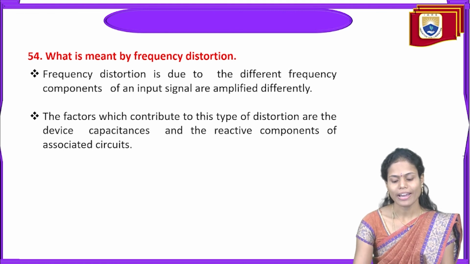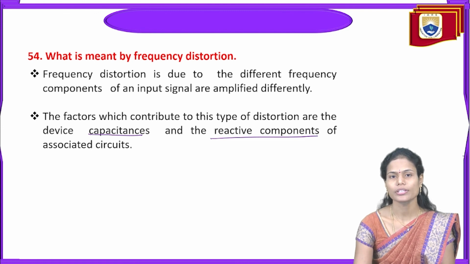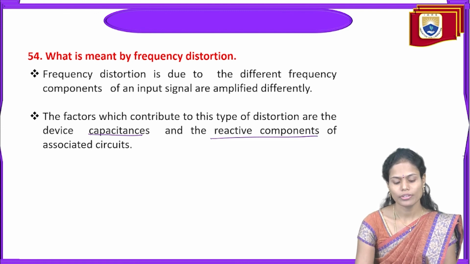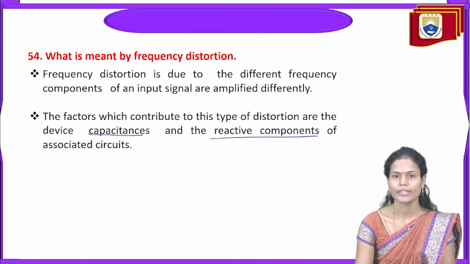The factors which contribute to this type of distortion are the device capacitances and the reactive components of the associated circuits. So if we are able to maintain the proper capacitance value as well as proper reactive components of the circuit, we can rectify this frequency distortion in the amplifier.